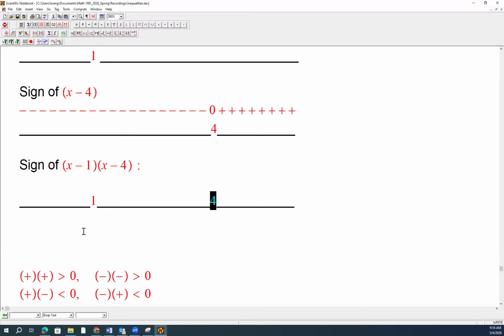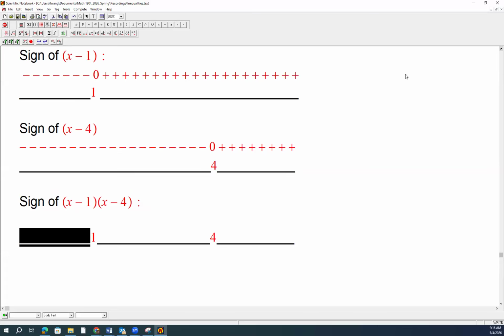When I choose a number less than 1, any number less than 1 will make x minus 1 negative, and also make x minus 4 negative.